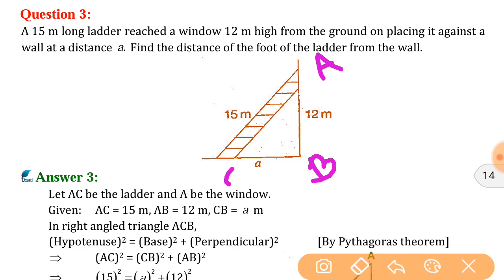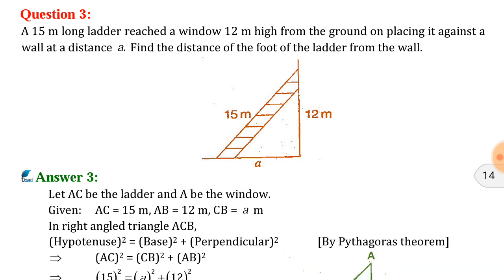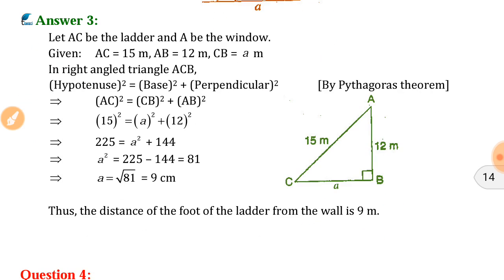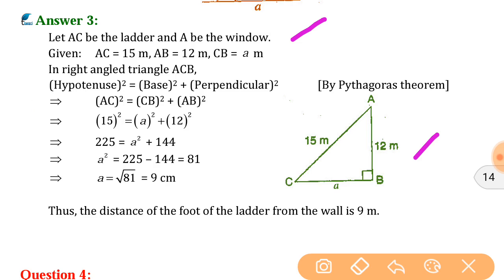See, if it is a triangle ABC, it is a right angle. So AC square is equal to AB square plus BC square. Isn't it? Okay, here is a triangle. AC is the ladder and BA is the window. AC is 15 meter, AB is 12 meter and BC is A meter, not centimeter, these are all meters.